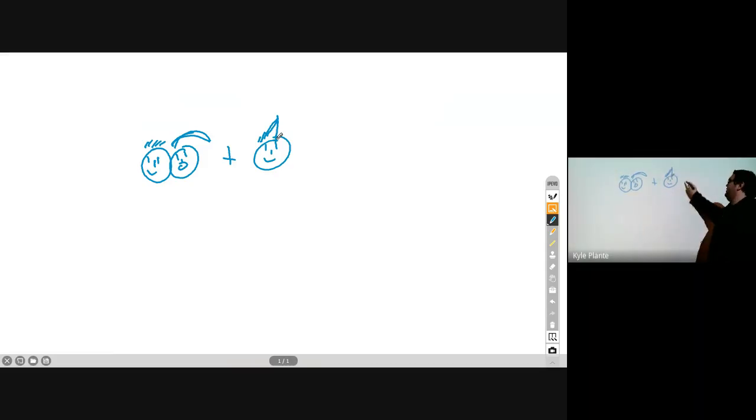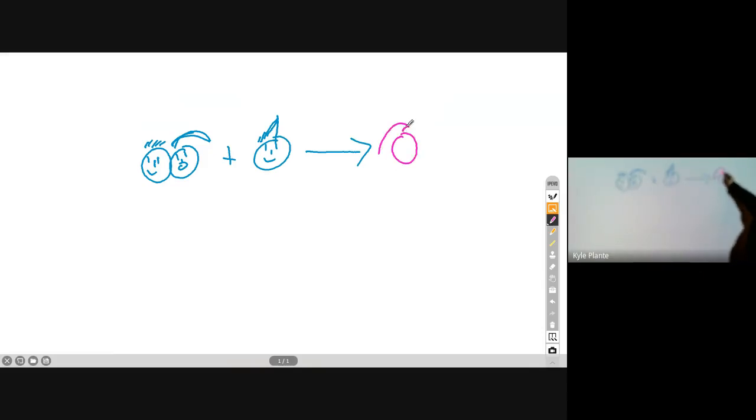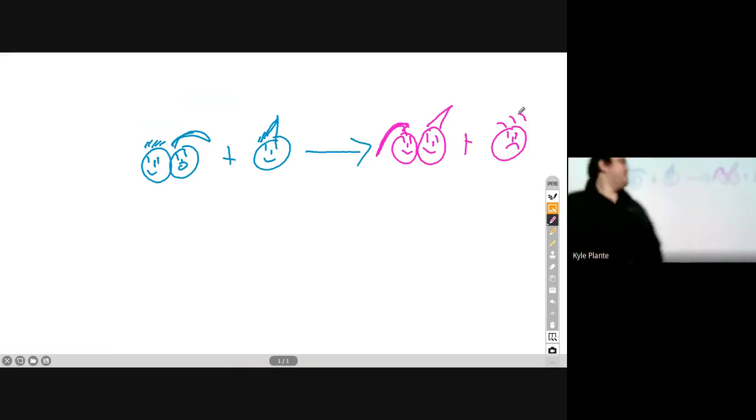Girl sees Mohawk dude, and they end up with... Mohawk dude came in and displaced spiky hair guy.